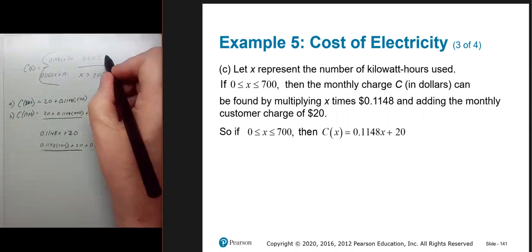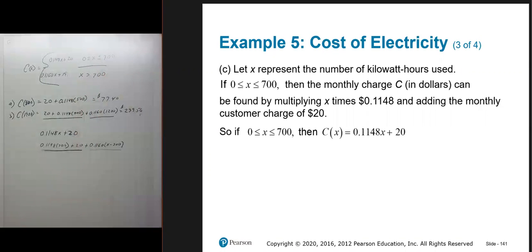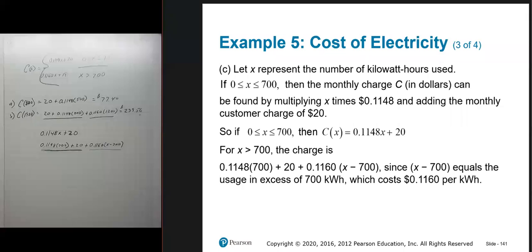And then they're going to do the same thing down here. For the first 700, this is what their charge is going to be, and for everything over 700, this is what the charge is going to be. And then they simplify the equation.